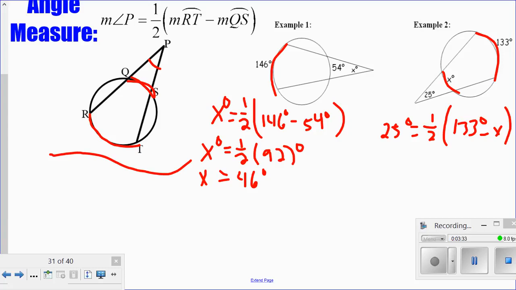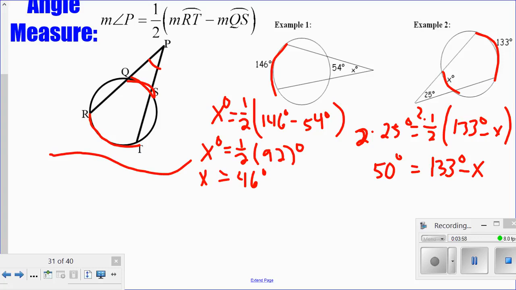So I'm trying to solve that. To get rid of 1/2, I'm going to multiply both sides by 2. So when I multiply by 2 on the right, the 2 times the 1/2 is just 1. So I'm left with 133 minus x. And I multiplied by 2 on the left and got 50 degrees. So I have 133 minus x equals 50.